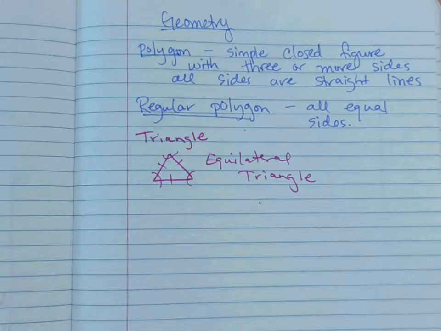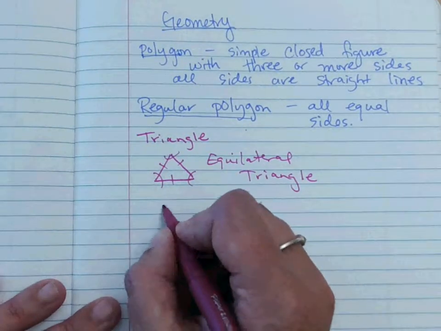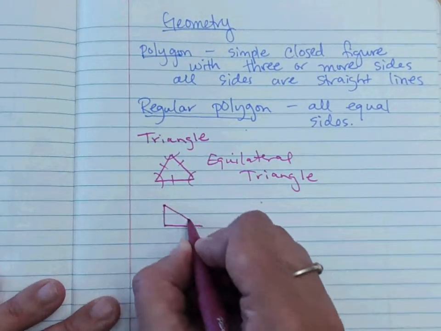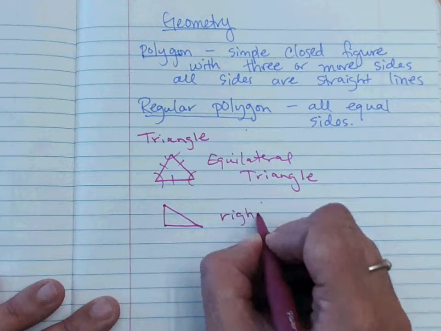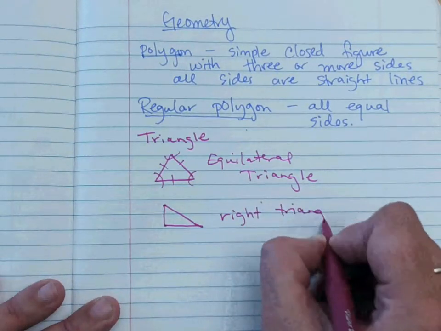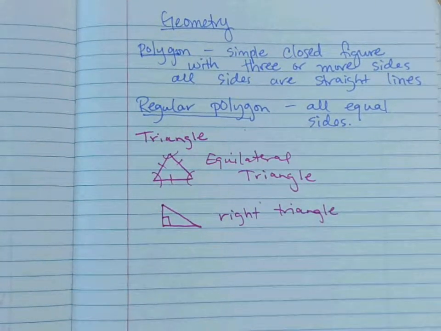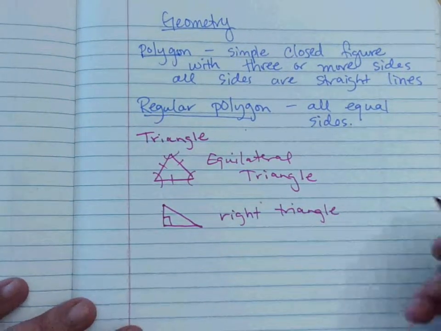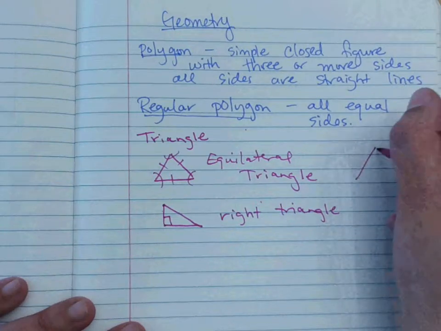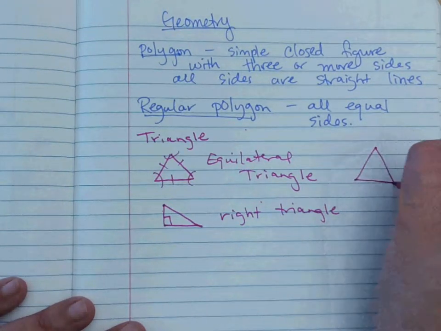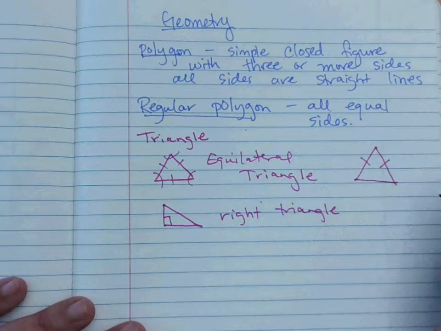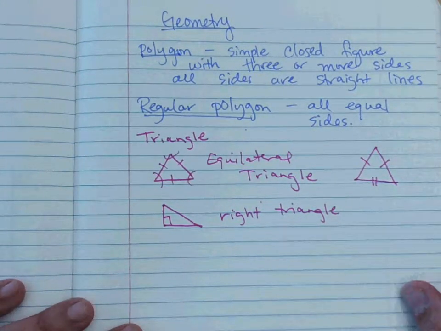Now you can have triangles that don't have all the sides the same. So another example of a triangle would be a right triangle. A right triangle actually has a right angle. We're going to be talking more about right triangles. And you can also have triangles that have only two sides the same. If you have two sides the same and a third side different, does anybody know what kind of triangle that one is?